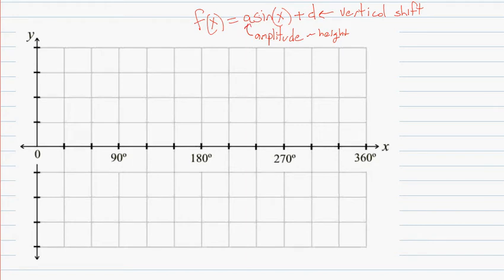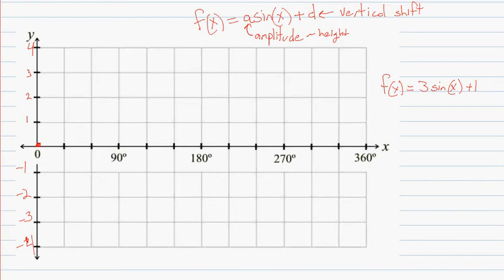All right. So I'm going to go back and we're just going to talk about this. I'm going to do an actual equation. So why don't we do f of x equals 3 sine of x plus 1. All right. So what we have here is a normal start here. I'm going to call this 1, 2, 3, 4, -1, -2, -3, -4.